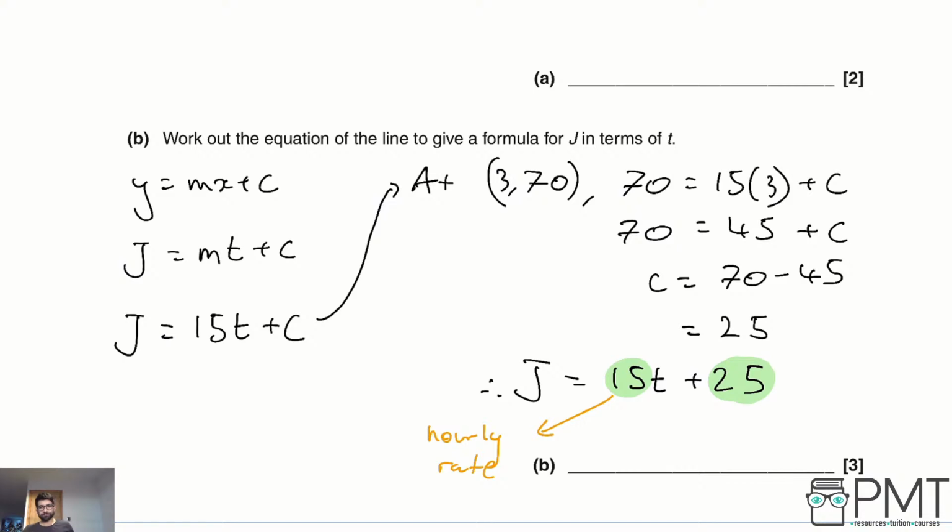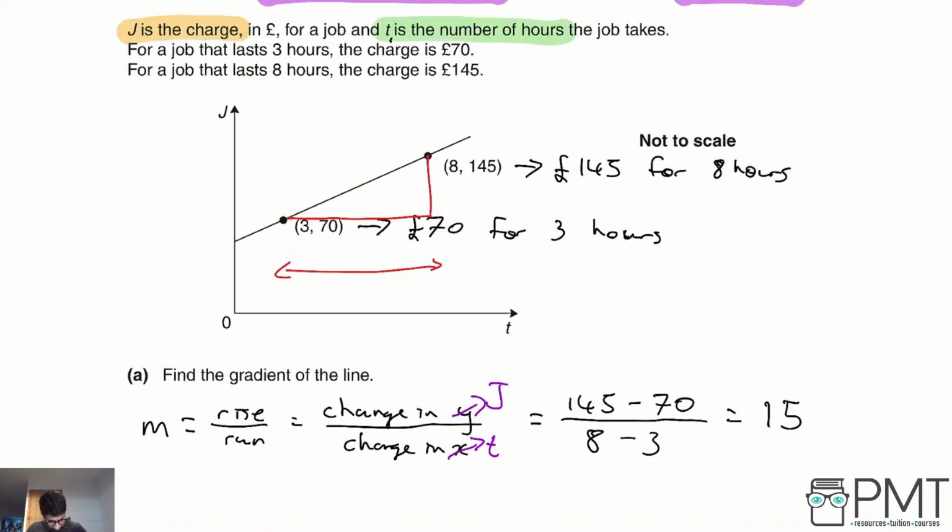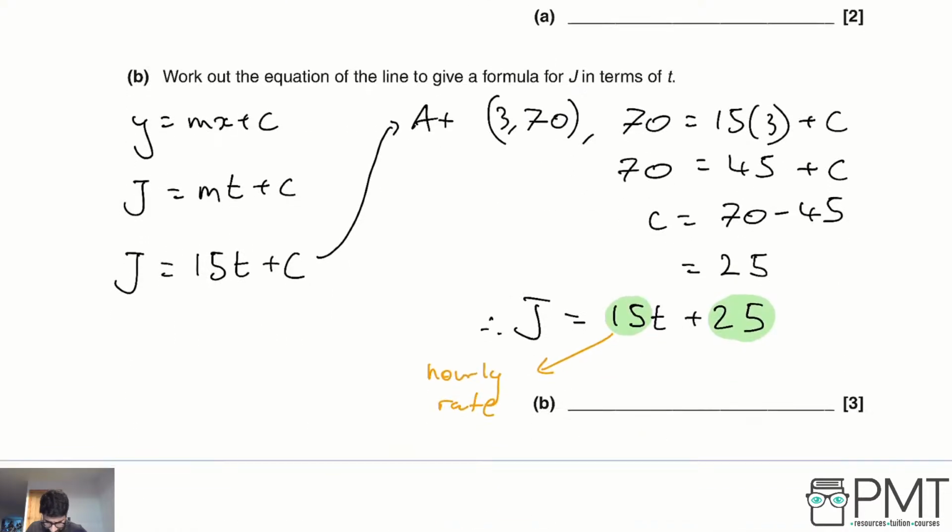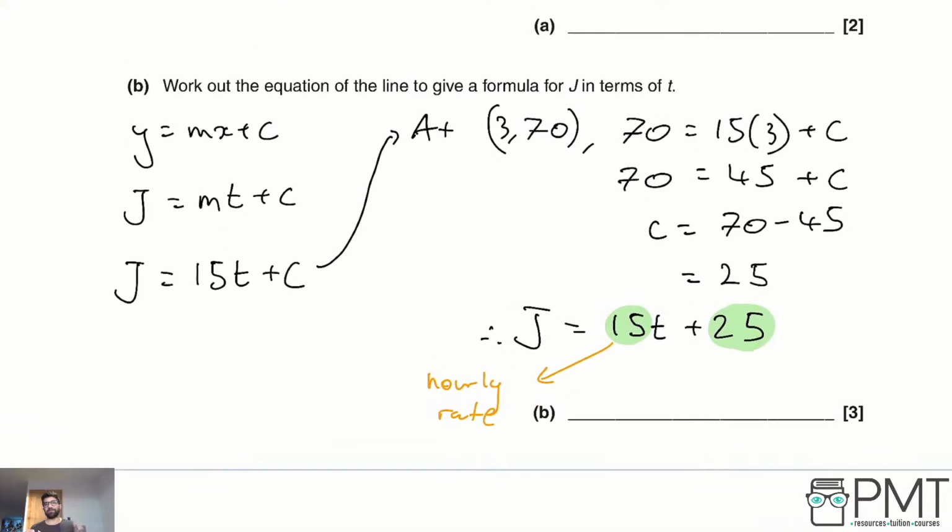Thank you, Farah. And then what's the 25? 25 is the fixed cost, or the initial charge. He's a gardener. So if he goes for a job that takes 2 hours, he will charge 25 plus 2 hours times the hourly rate. So this is the fixed or initial charge.